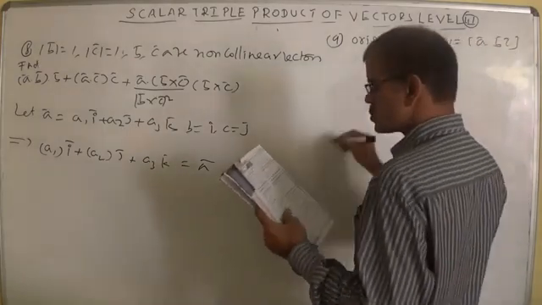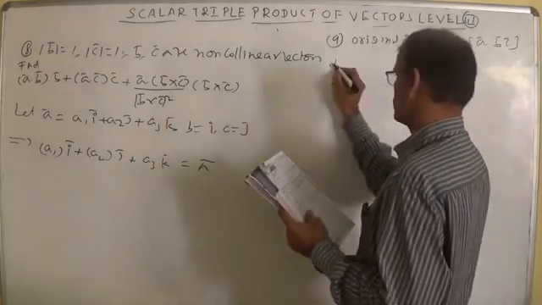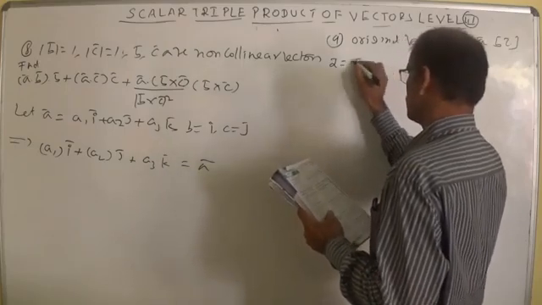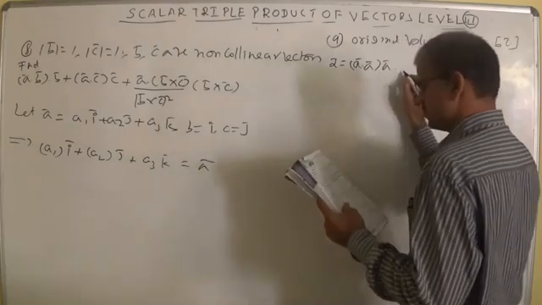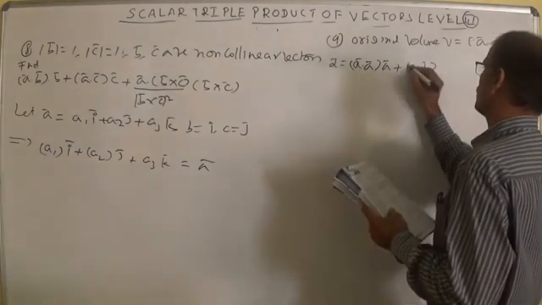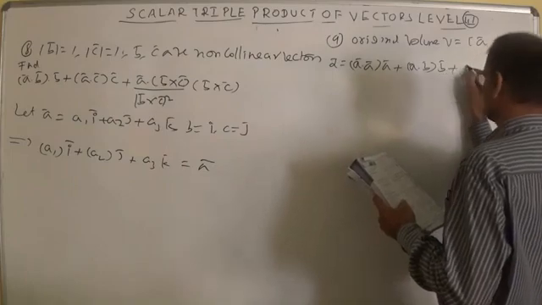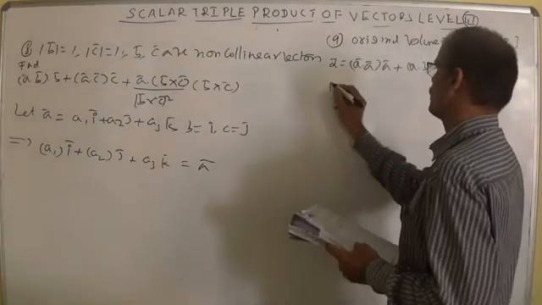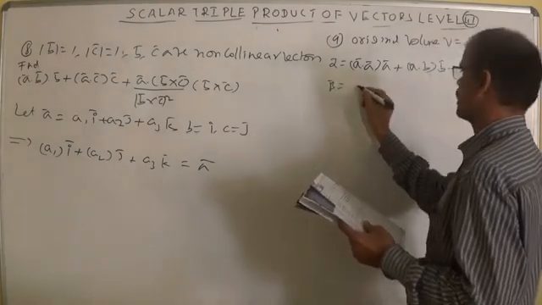Using the data, alpha bar is A bar dot A bar into A bar plus A bar dot B bar into B bar plus A bar dot C bar into C bar. That is alpha, a vector.